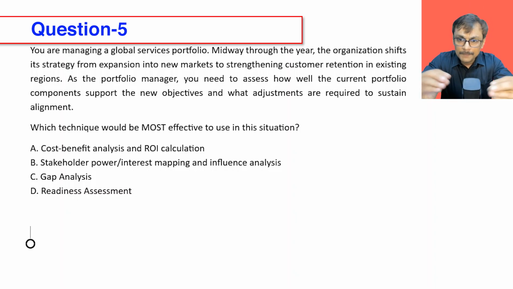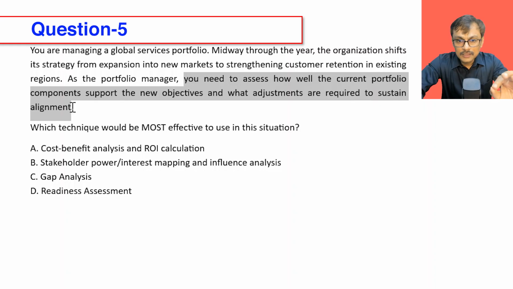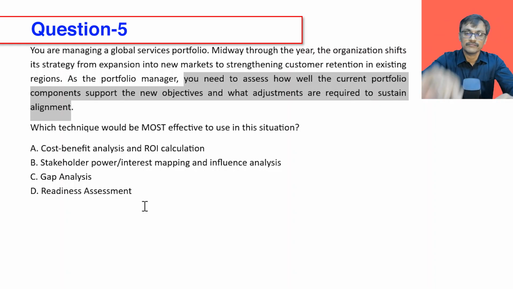Now I need to just apply and see what is the objective of this technique and what the question is asking. So I go back to the question. As a portfolio manager, you need to assess how well the current portfolio components support the new objective and what adjustments are needed to sustain the alignment. Now, which analysis helps you in doing this portion?